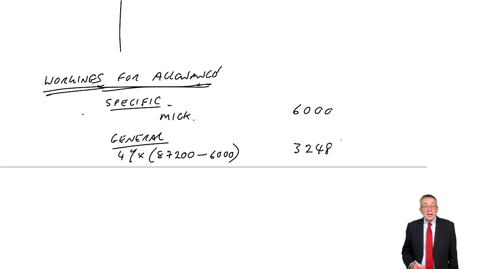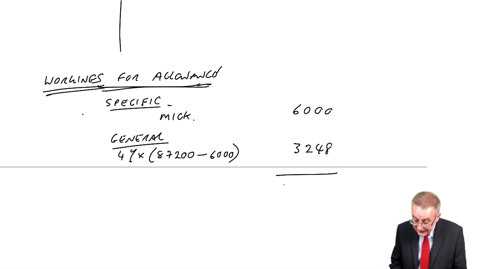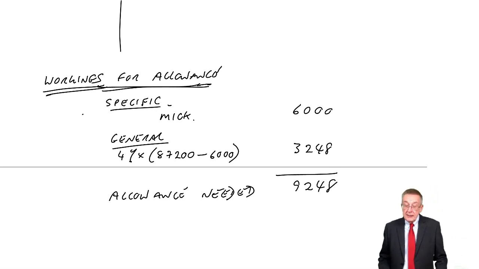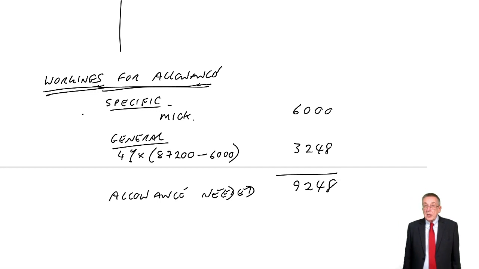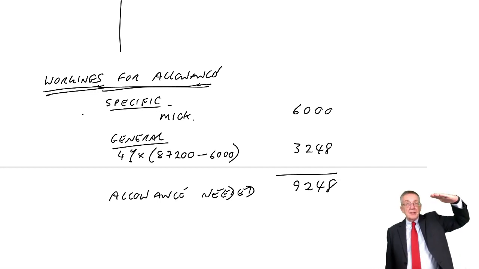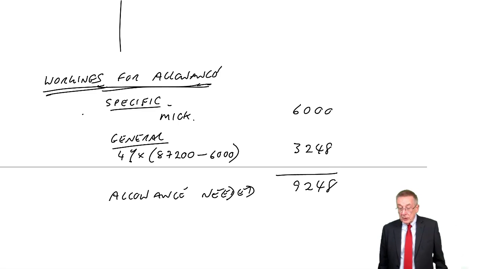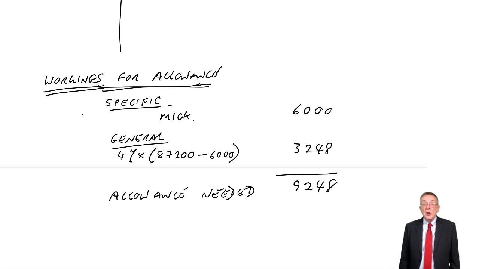And so at the end of the year, the total allowance we need is 9,248. And so although I'll show extracts from the statements, when we've finished, I want to show receivables, 87,200, less an allowance of 9,248.